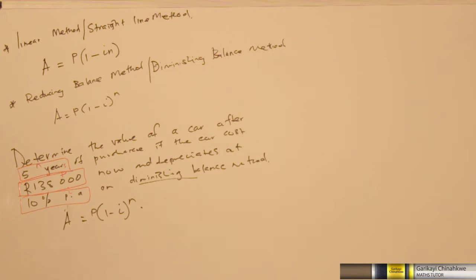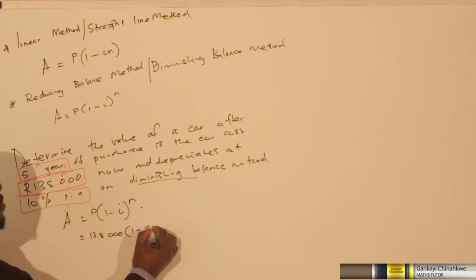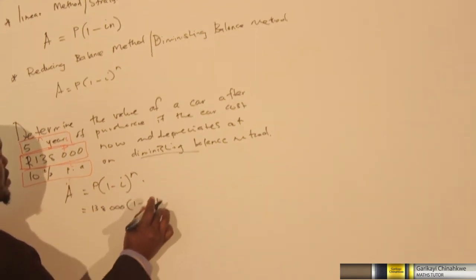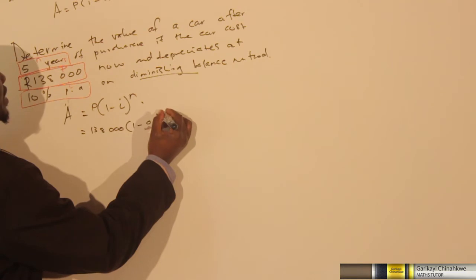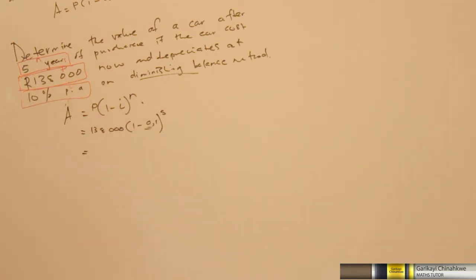So it's a matter of saying your P, 130,000, times (1 - 0.1) all to the power of N, where N is 5 years. Then you can get the value there.